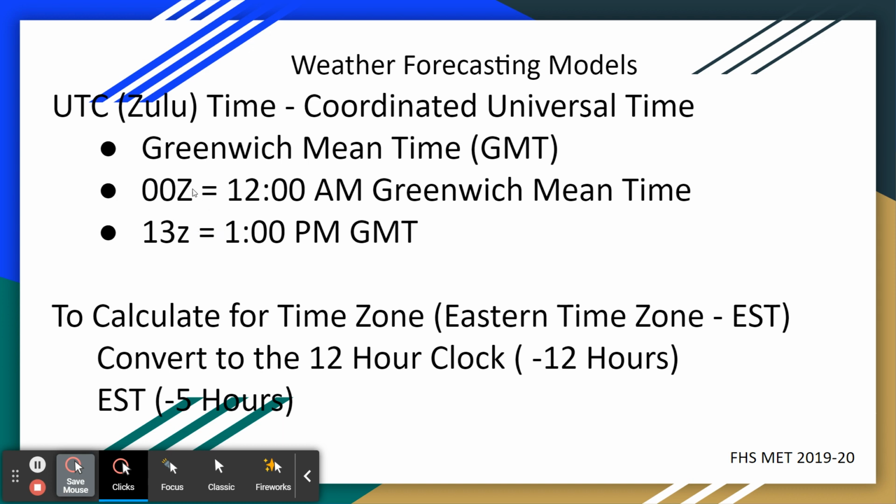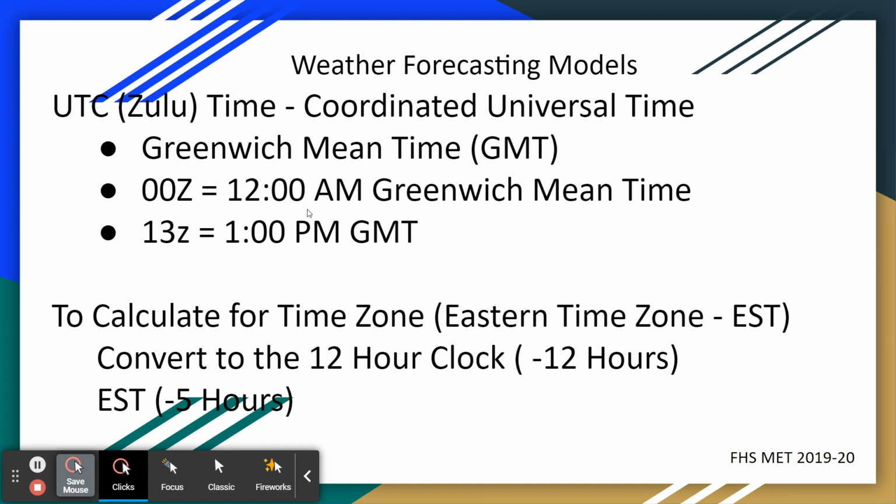So here's a little basic Zulu time. 00Z is 12 a.m. or midnight, but it's midnight at the prime meridian. It's midnight Greenwich Mean Time. 13Z is 1 p.m., but it's 1 p.m. at the prime meridian. Now, if you were paying attention a few seconds ago, you would know that we take these Zulu times and subtract 5 hours from them.